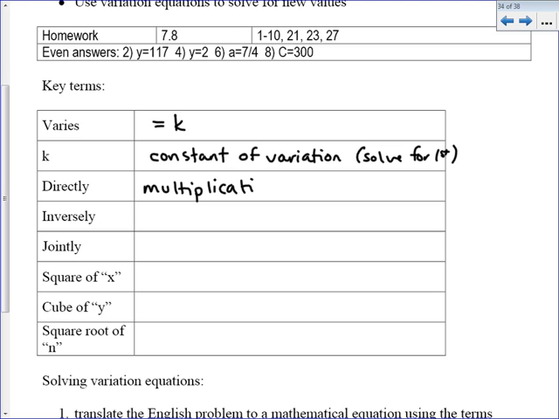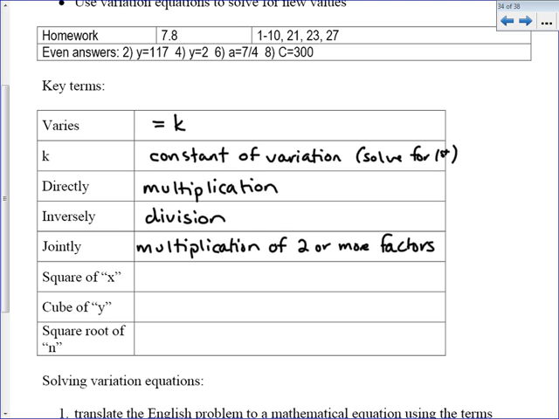If something is varying inversely, we have division. And if something is varying jointly, it is again multiplication of two or more factors. So directly and jointly are essentially the same. Jointly just means there's going to be more variables, but they both mean multiplication.